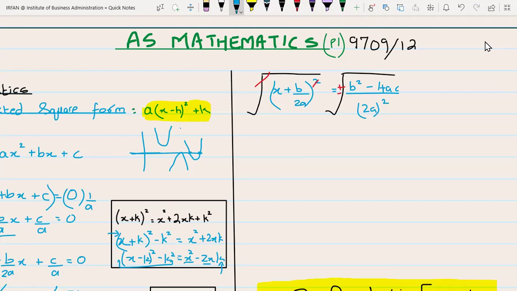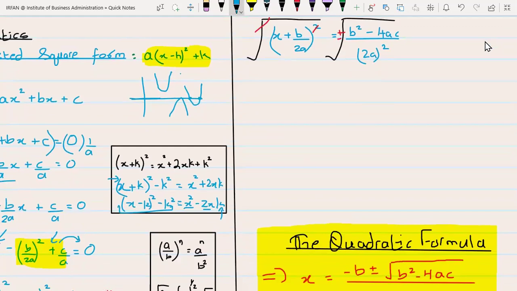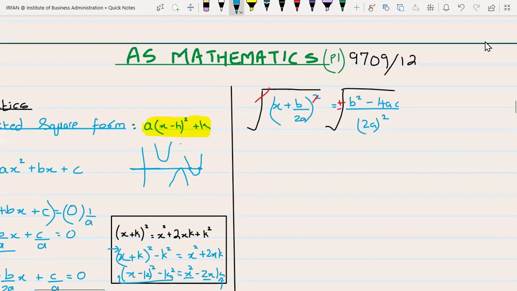We also know from our indices rule studied earlier that the surd operation on the ratio of two terms is actually the ratio of the two terms both inside the surd operation. Therefore, we can rewrite this equation as x plus b upon 2a is equal to plus and minus under root b squared minus 4ac upon, and this surd is going to cancel this square here, so we will just write 2a.